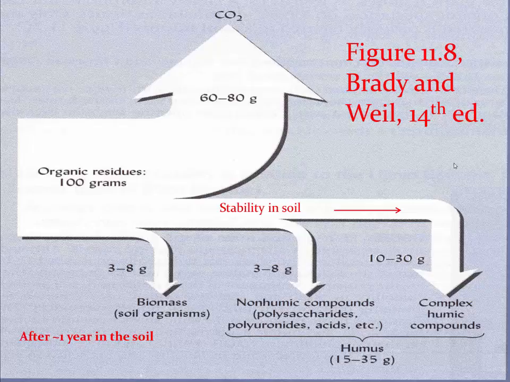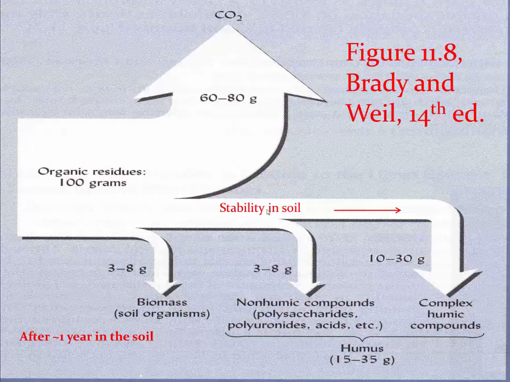Well, here's a graph that shows the fate of organic material. About a year after it's added, 60 to 80% of it is going into the atmosphere as carbon dioxide. Other material is retained in biomass. About 5% is in living biomass, soil organisms and plant materials.